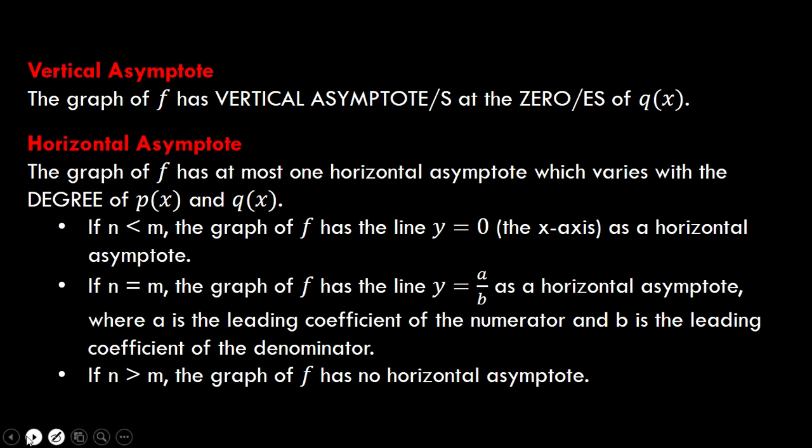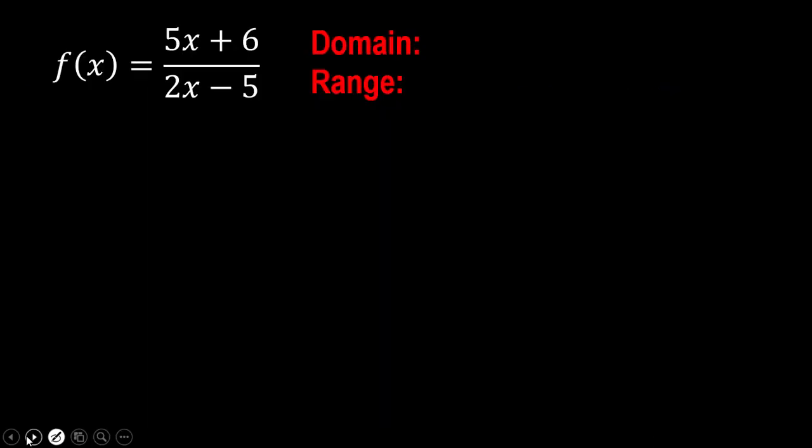Let's have an example. Given that the function is 5x plus 6 all over 2x minus 5, let's identify the domain and the range. First off, let's identify the vertical asymptote, the value of x that makes the denominator equal to 0.